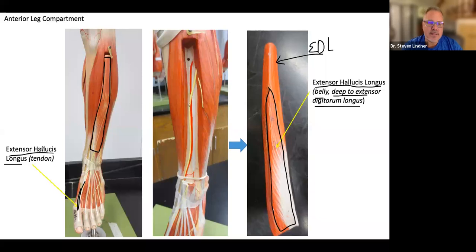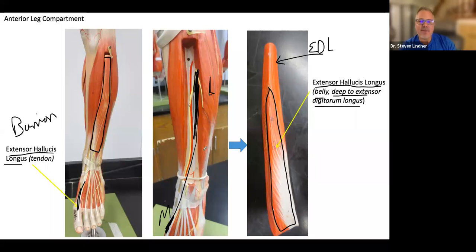Okay, so what does the extensor hallucis longus do? It extends the great toe. And this is the one that's involved with bunion formation, FYI. Why? Because here is the tendon, the insertion, and the origin is here. So when you look at the direction of the line of pull, this is lateral and this is medial.